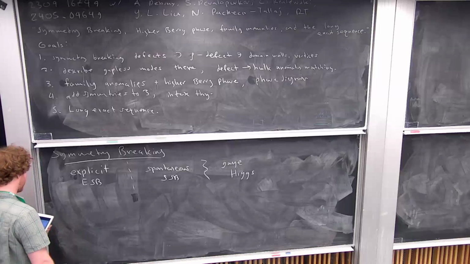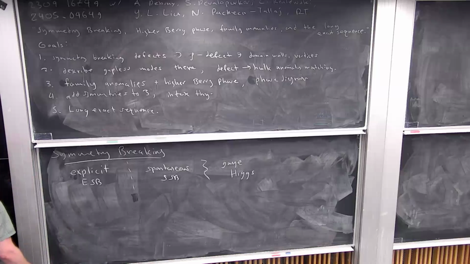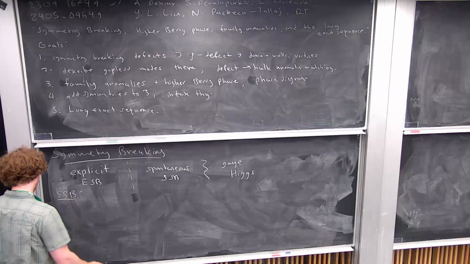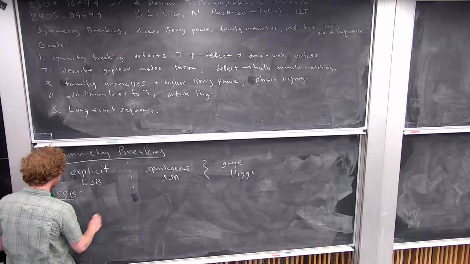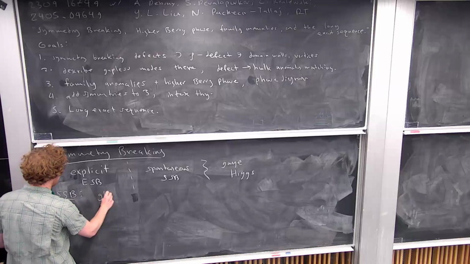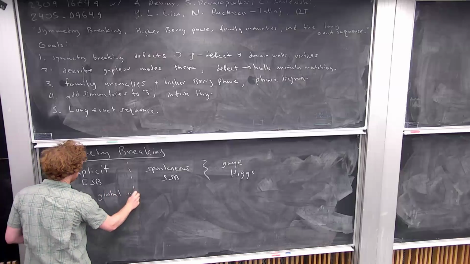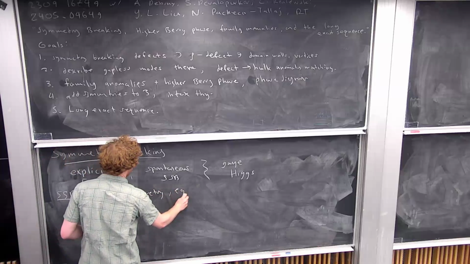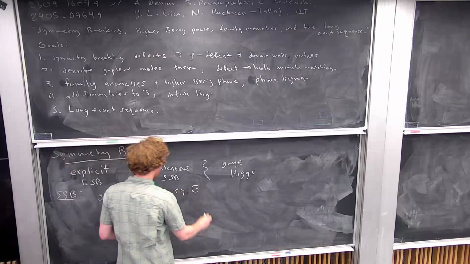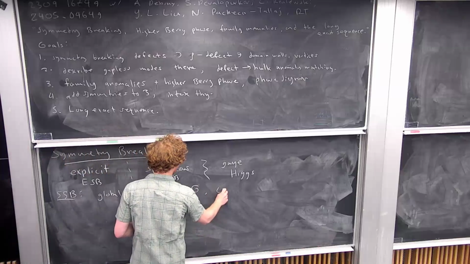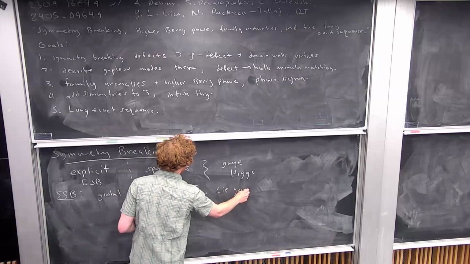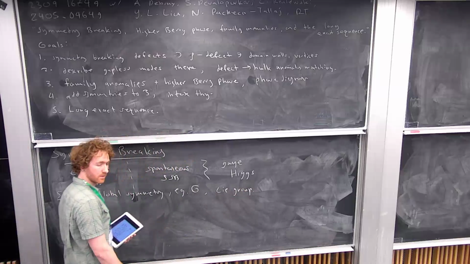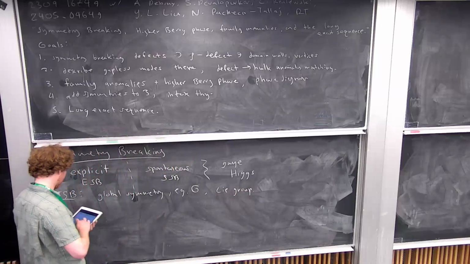So let's contrast these. Spontaneous symmetry breaking is when you have a global symmetry, for example a group G, maybe a finite dimensional Lie group or something like that.